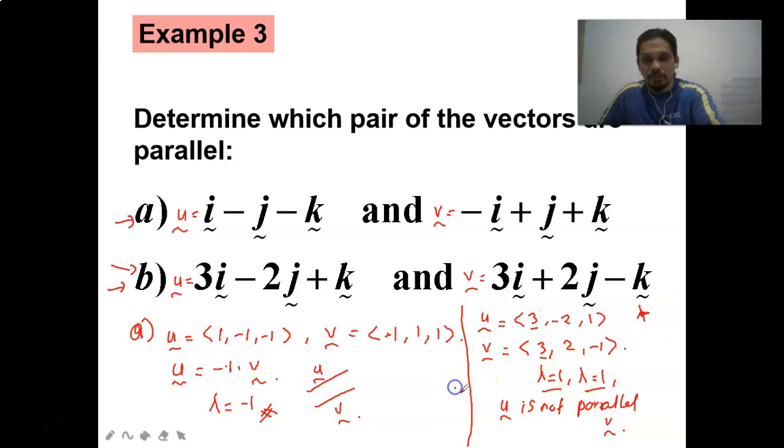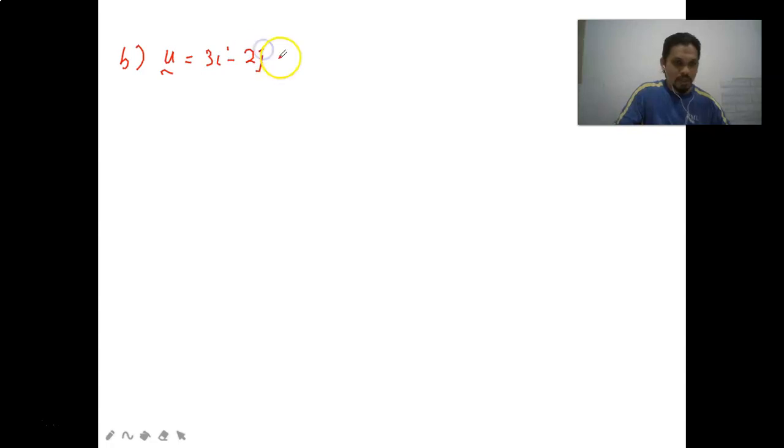Let me show you a different method for question B. The vectors just now: U equals 3i minus 2j plus k, and vector V equals 3i plus 2j minus k. So the alternative method.